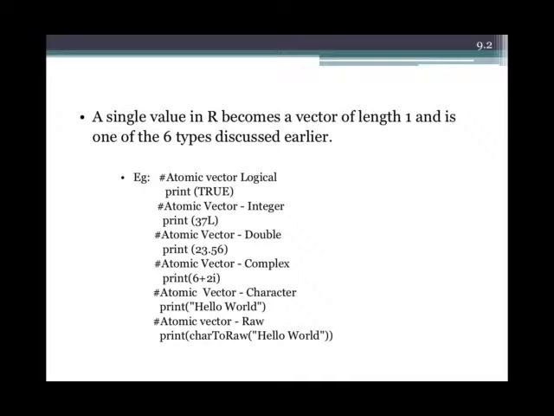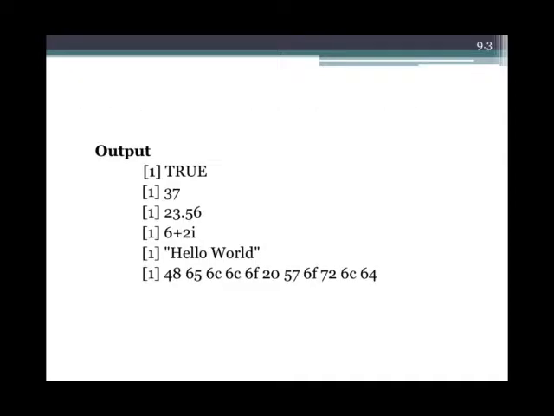So you can see that we have said print TRUE, which is a logical variable, print 37, which is an integer, print 23.56, which is a double floating value, print 6+2i, which is a complex number, print "Hello World", which is a group of characters, and the function charToRaw prints the ASCII codes of the characters in Hello World. So this would be the output, as you can see on your screen, for each of those lines mentioned earlier.